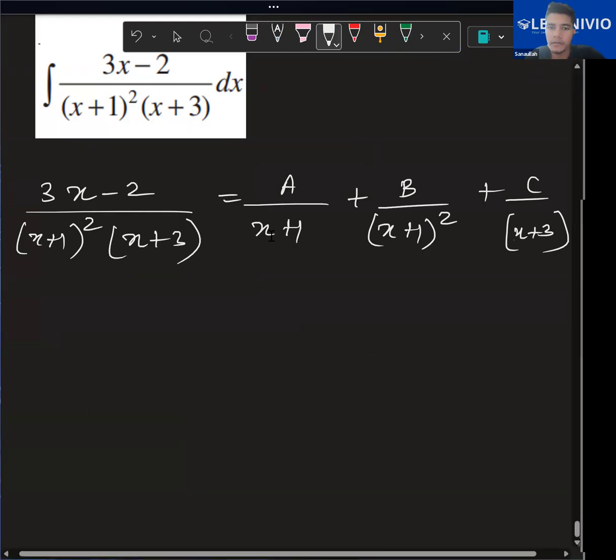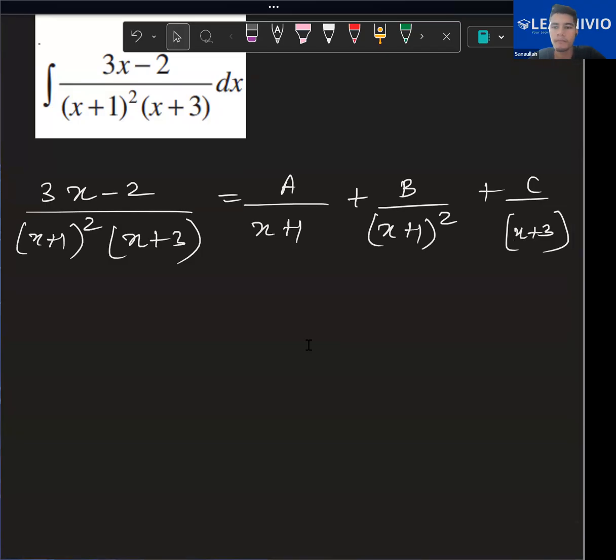This is how you have to convert this into the partial fraction. After this, just compare, you get your A, B, and C, then put those values over here and then integrate.